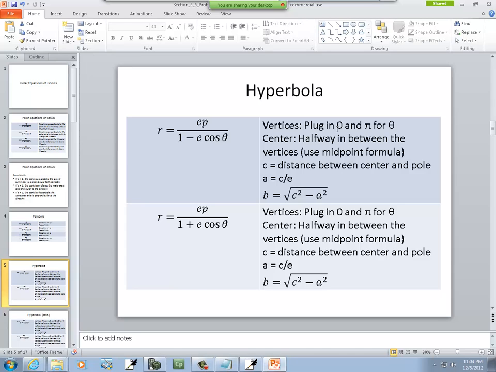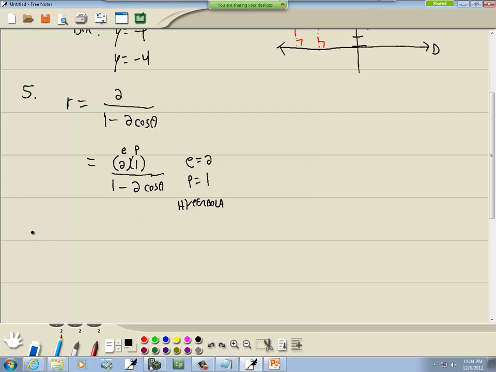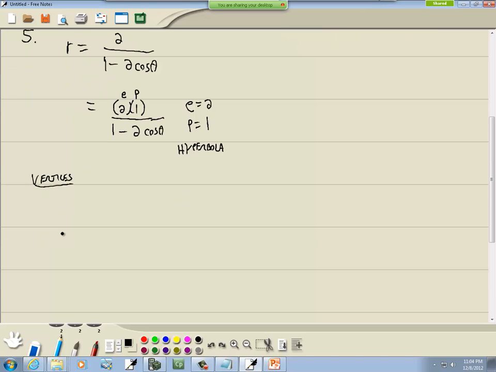For vertices, it says plug in 0 and pi for theta. Okay, so let's find our vertices. We'll plug in 0, and we'll also plug in pi, into our original.